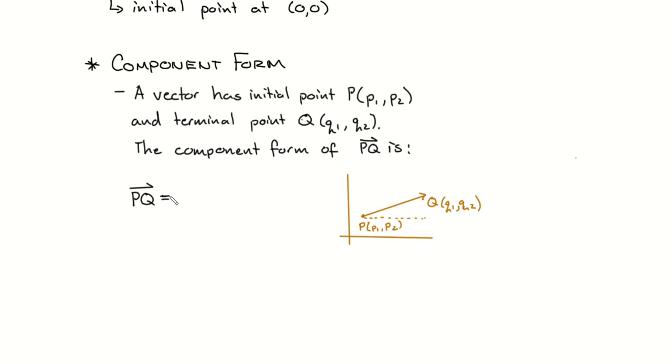Now, we use these fancy Instagram peace sign brackets when we're looking at component form to specify that this is what it is. And if I want to know how far horizontally have I gone, turns out super easy. It is just Q1 minus P1, which is terminal minus initial point in the x. And then we'll just do the same thing with the y's. We'll call it Q2 minus P2. And we'll close it with these lovely brackets.